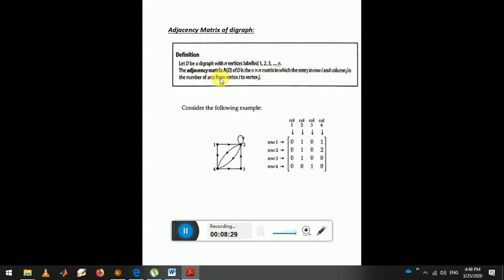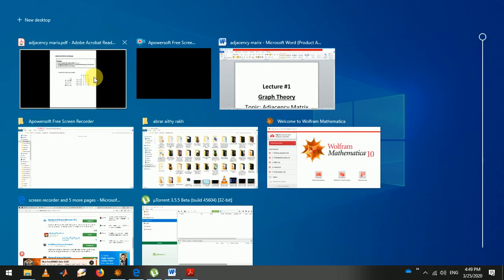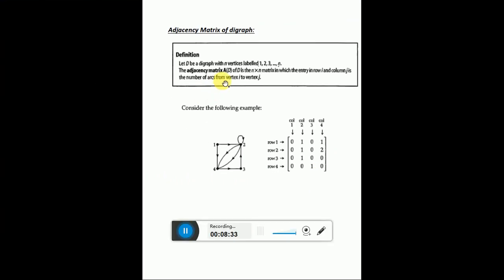The adjacency matrix is again defined by AD, where D is a digraph, an n cross n matrix in which the entry in row i and column j is the number of arcs from vertex i to vertex j.